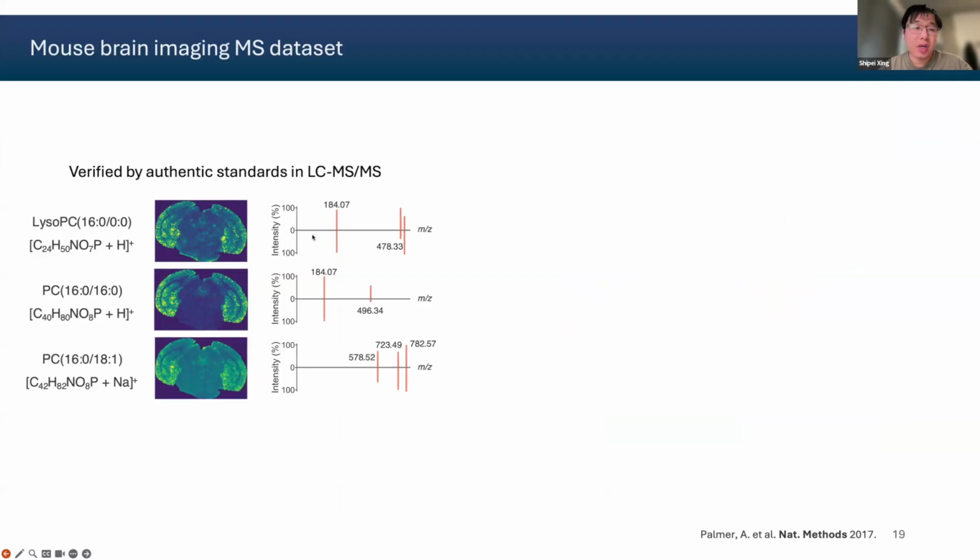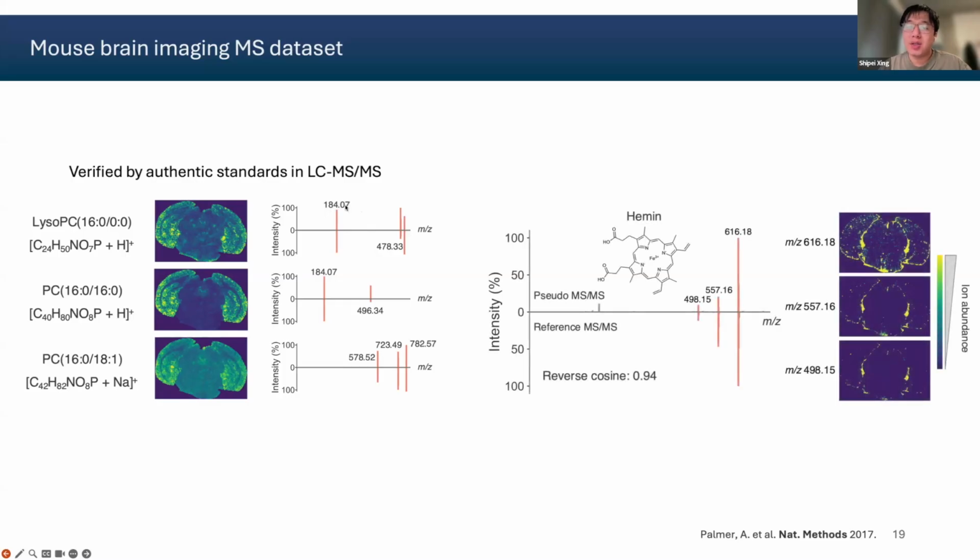We observed the characteristic PC head group fragment 184, and they correlate well in the ion image correlations, so that we give more insight that this is actually a PC, not a PE. Other than these molecules, we were also able to annotate an amine molecule, and you can see these clear, nice correlations between the ion images of the in-source fragments and the molecular ion.